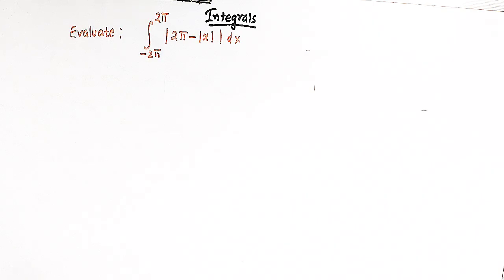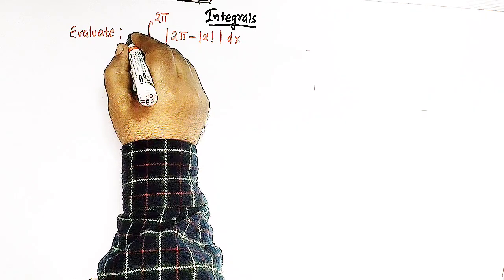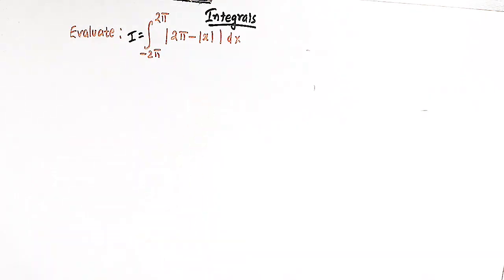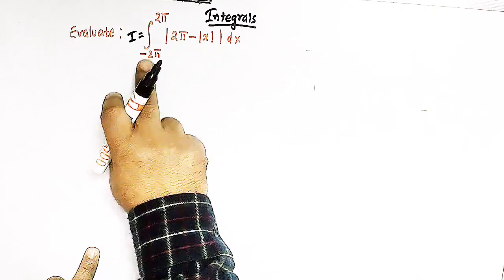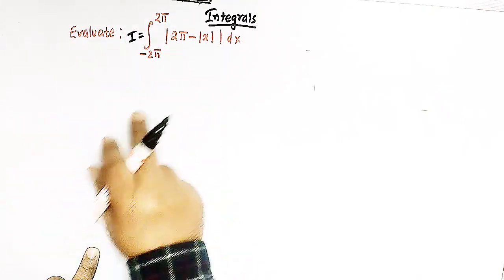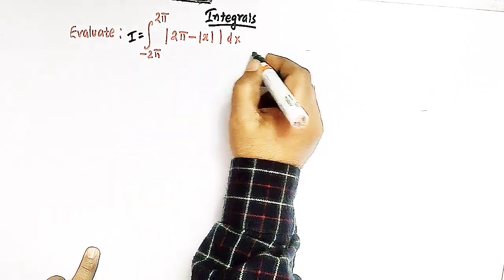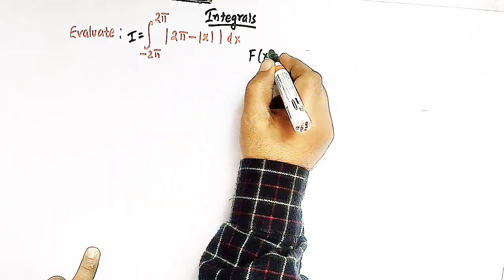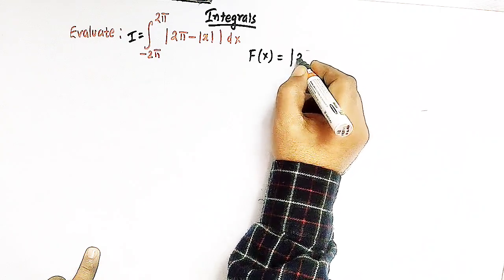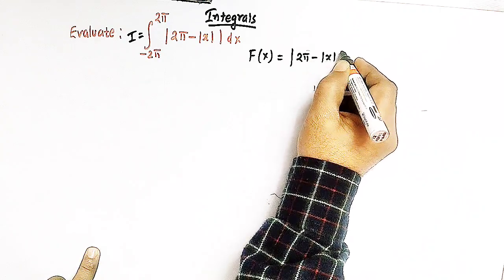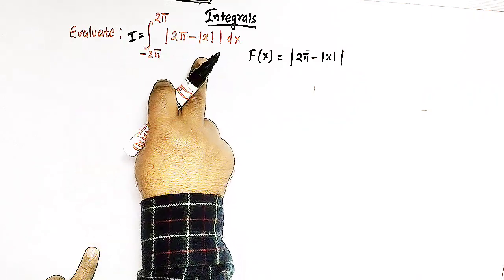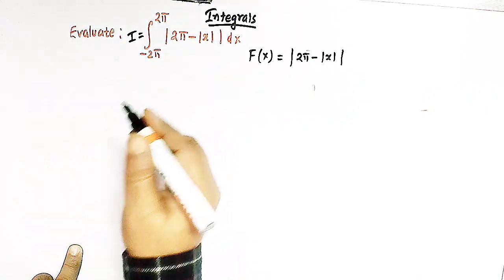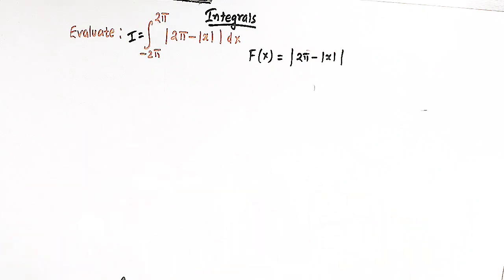So let us start, and let us first call this integral I. Now the limits of integration are from minus 2 pi to 2 pi, and the integrand is f of x, which is mod of 2 pi minus mod of x. First of all we'll make use of an important property of definite integrals, which connects to the concept of even functions.